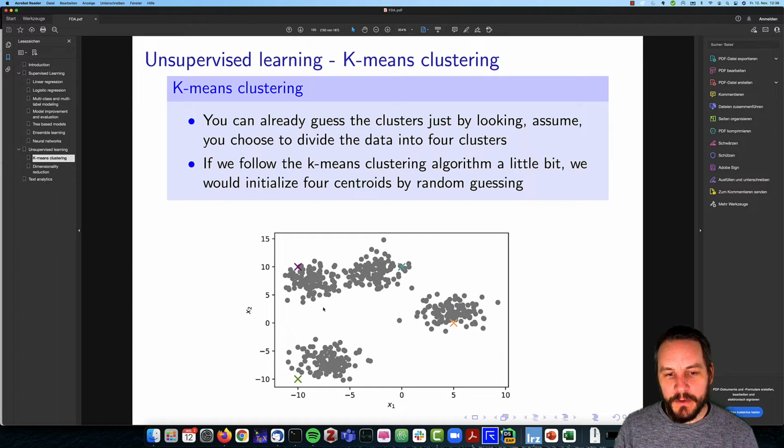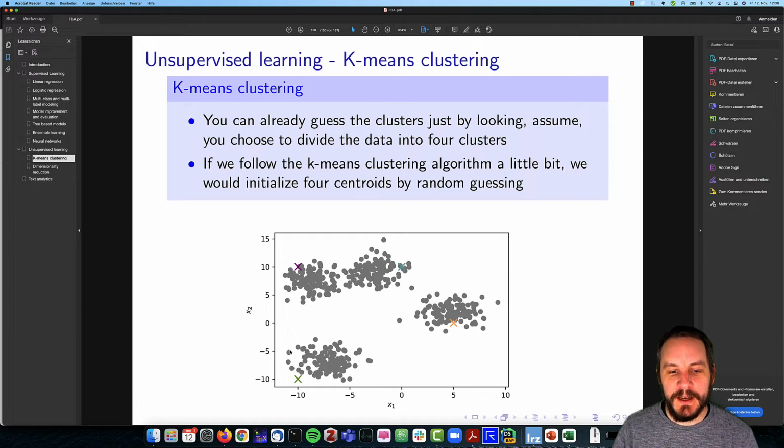And now for each point here, it calculates the distance, so the squared Euclidean similarity, to each centroid. So for that point here, it calculates it to that green marker here, to the purple one, to the blue one, and to the orange one. And then it asserts this point to the cluster with the lowest squared Euclidean distance to the marker.